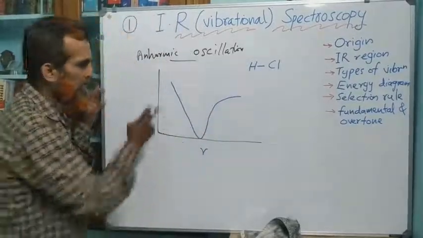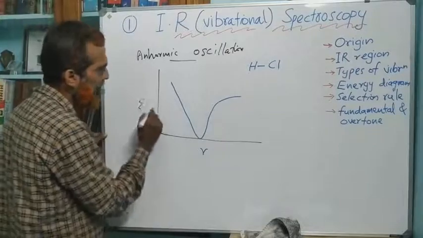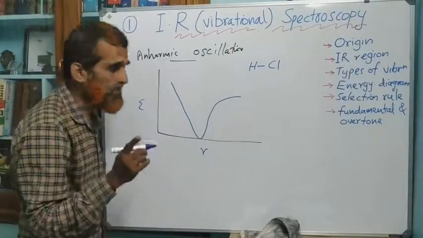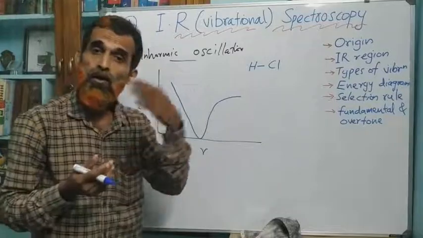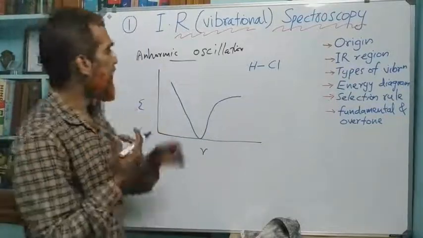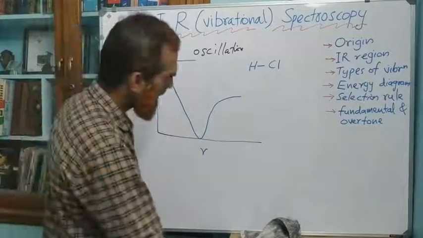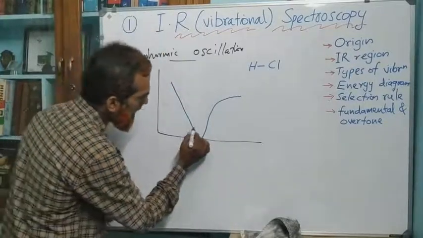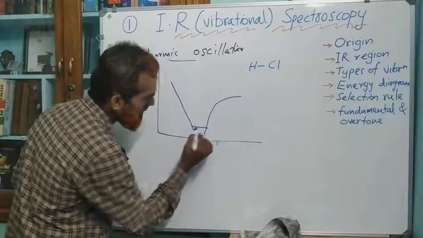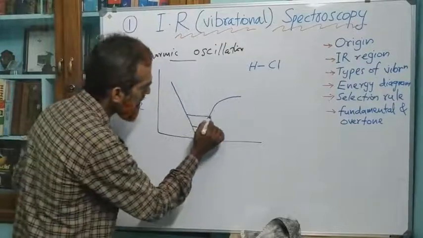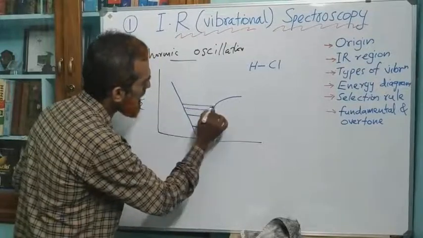This is the kind of energy diagram obtained for a molecule which undergoes oscillation violating Hooke's law, that is, anharmonic oscillation. In this case, the energy levels are a little bit different. This is the first level, suppose. The second one, third one, like that it goes.